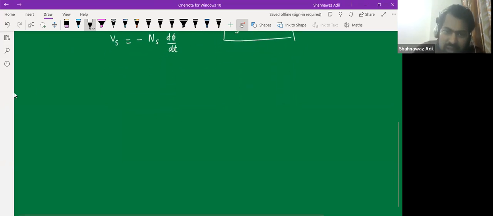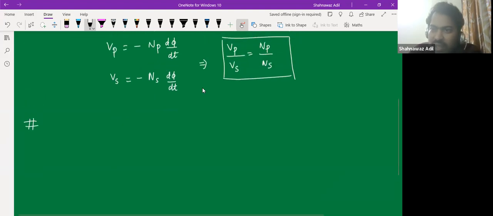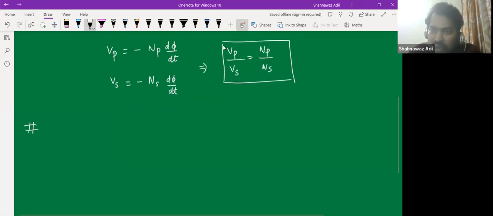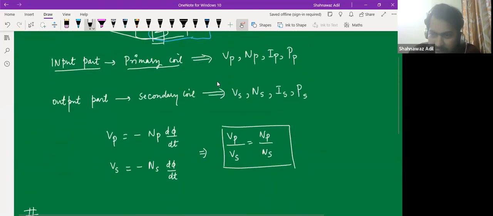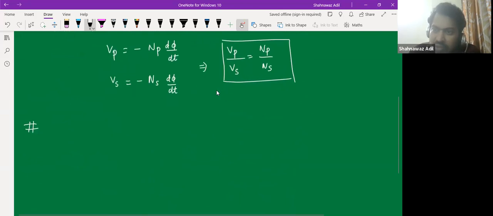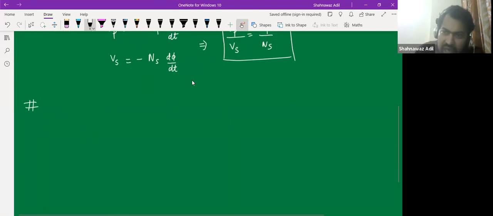So if, let's say, I want to increase the voltage... Okay, so what do we get? Let me write, there are two kinds of transformer. One is the step-up transformer.